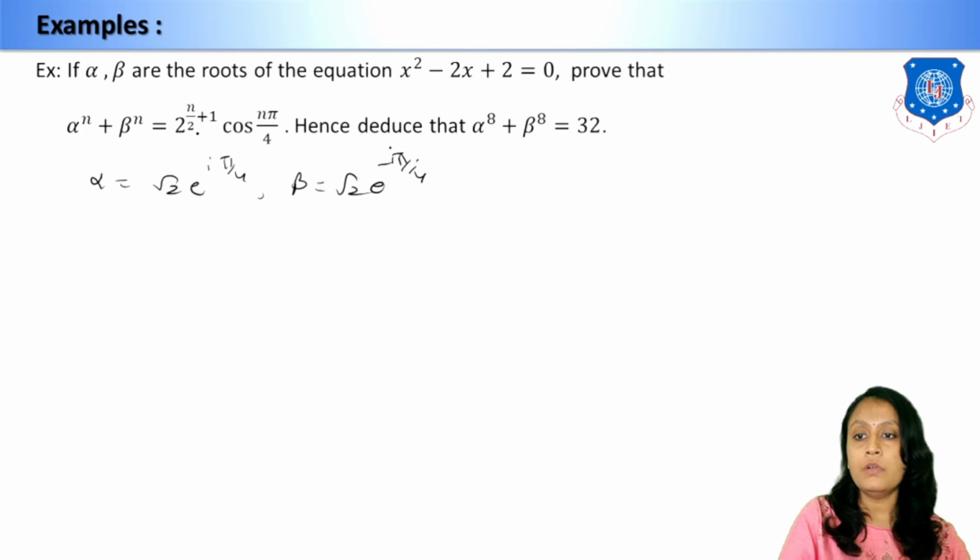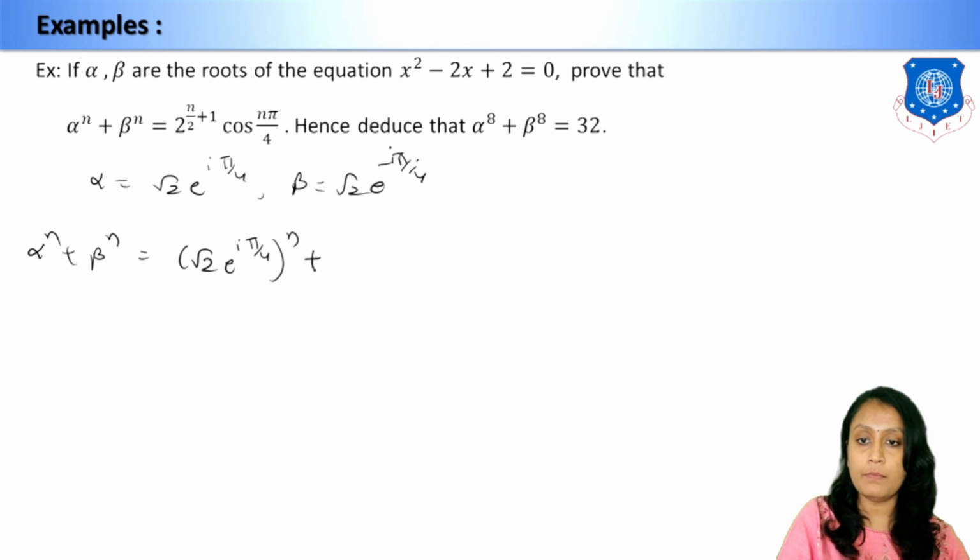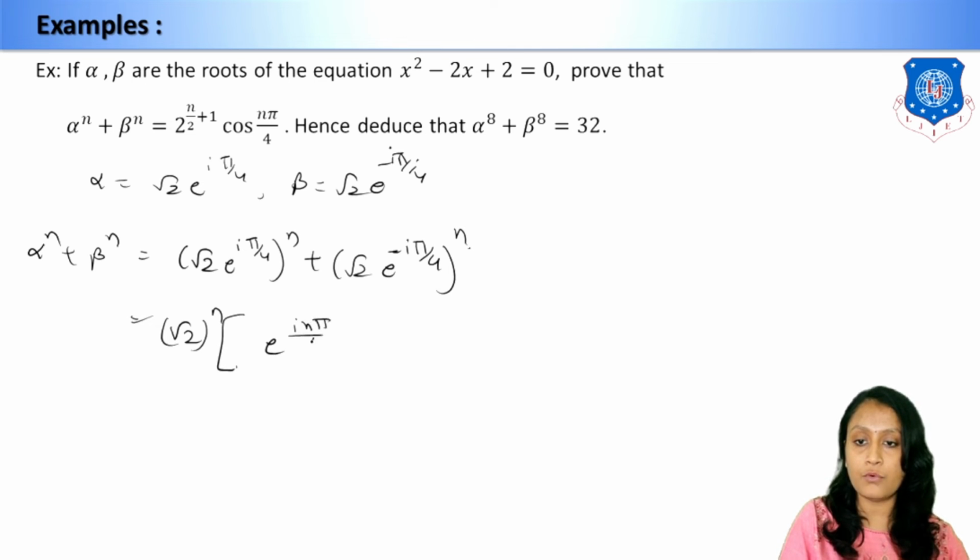Now we have to write alpha raised to n and beta raised to n. So alpha raised to n plus beta raised to n is under root 2 e raised to i pi by 4 whole raised to n plus under root 2 e raised to minus i pi by 4 whole raised to n. From this we can take out under root 2 common, so under root 2 raised to n is outside. Here we have e raised to i n pi by 4 plus e raised to minus i n pi by 4.